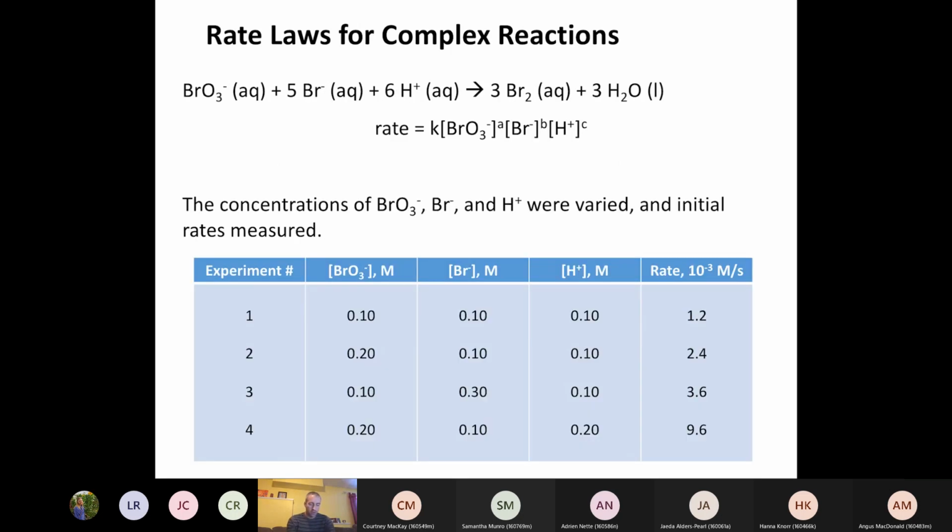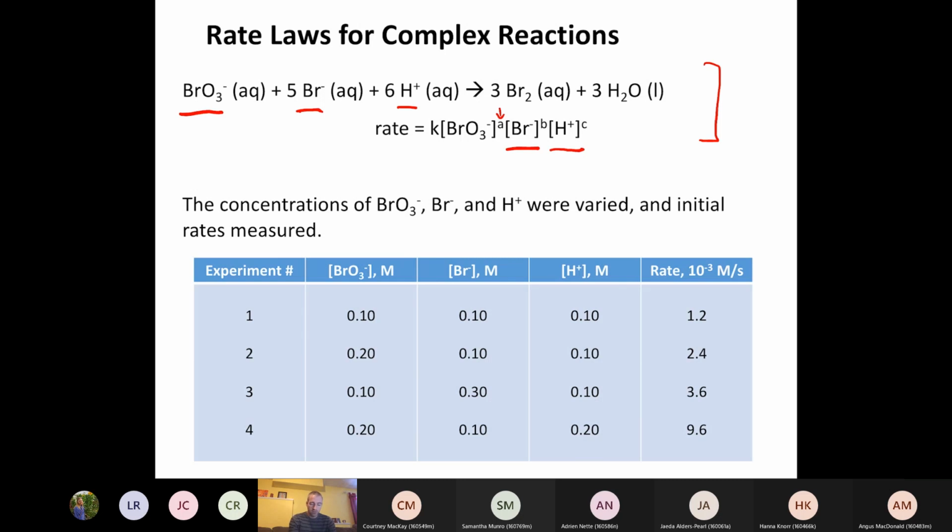Okay, so here's what we're going to do. This is the reaction. We know the rate law is going to be rate equals k times the concentration of the first reactant raised to some exponent a, multiplied by the concentration of the second reactant raised to some exponent b, multiplied by the concentration of the third reactant raised to the exponent c.